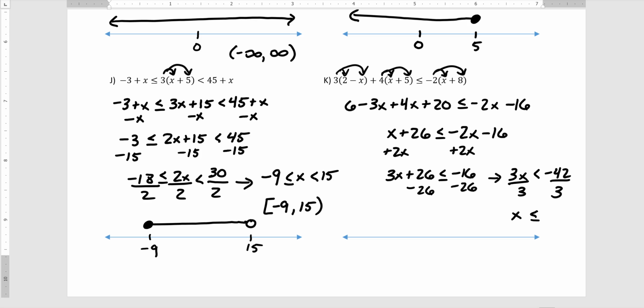I find that x is less than or equal to -42 divided by 3 is -14. So I have 0. I have -14 would go right here. Since x is less than or equal to that, I'll have that closed circle. I'm going to the left since it's less than or equal to. Interval notation, oh goodness. Let's see, we have that soft bracket, -infinity. We have -14 with the hard bracket.